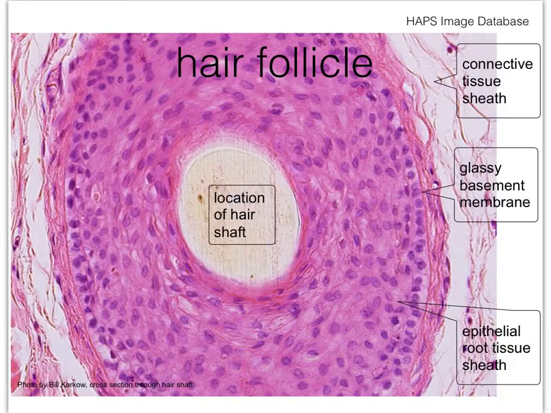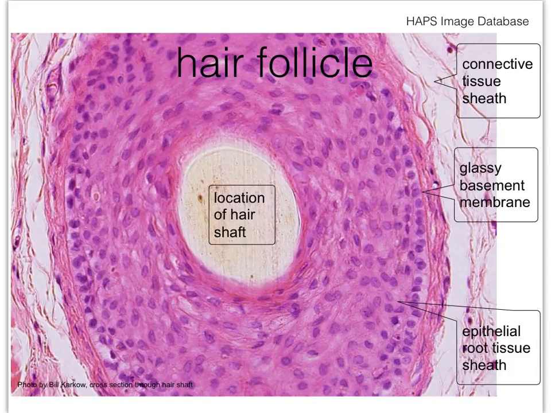This microscope slide shows you a cross-section of a hair follicle or a transverse section. And in this particular image, we see that the hair has fallen out. So there is no hair located inside of our hair follicle.